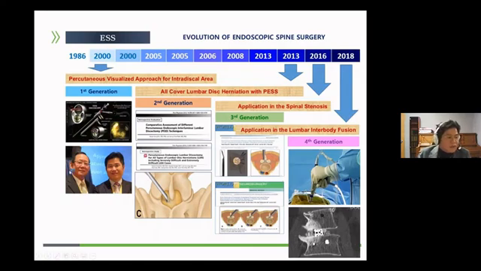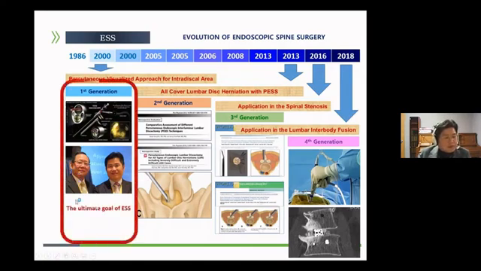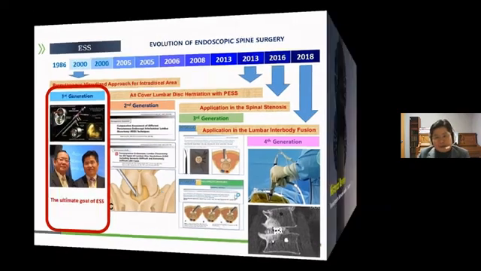However, it should be remembered that all this begins with the transforaminal endoscopic lumbar discectomy, and here is the ultimate rationale and pursuit of endoscopic spine surgery, located in transforaminal endoscopic lumbar discectomy.